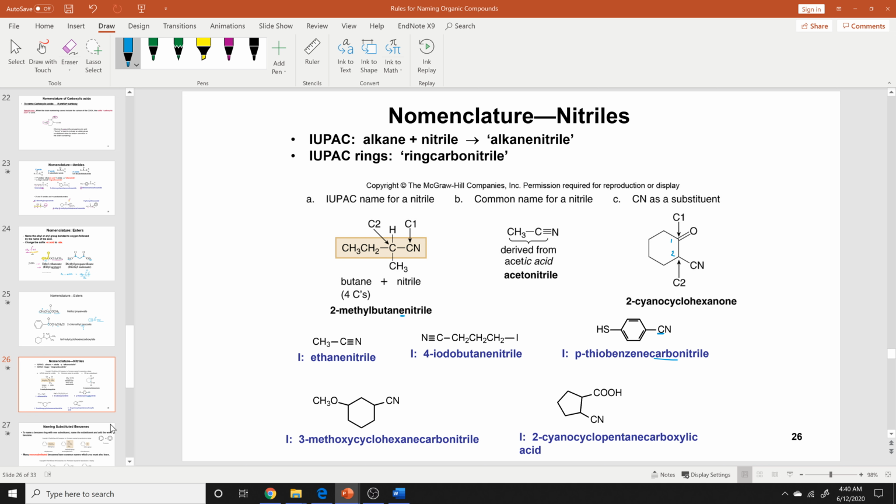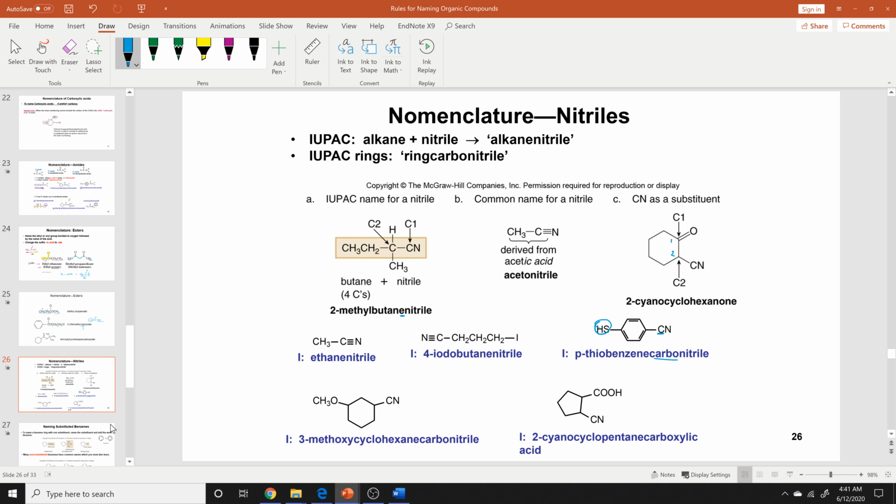It's going to be a thio. SH is a thio. This is going to be a benzene. This is going to be a carbo and a nitrile. So instead of saying carboxylic acid, you just drop the oic acid and put the nitrile in there.